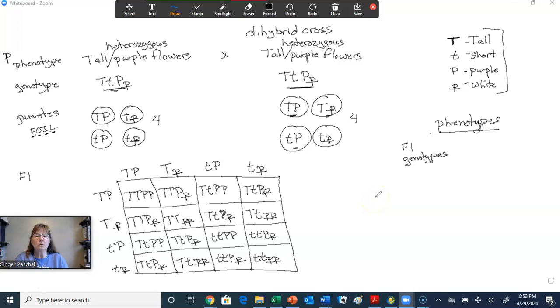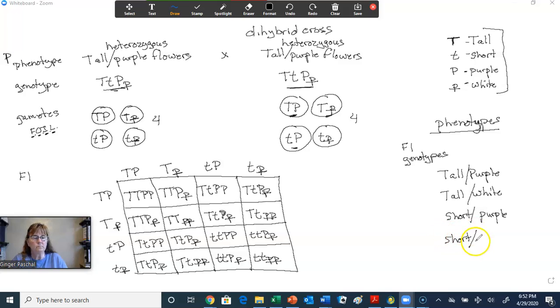We could have tall, purple. We could have tall, white. We could have short, purple. And we could have short, white.